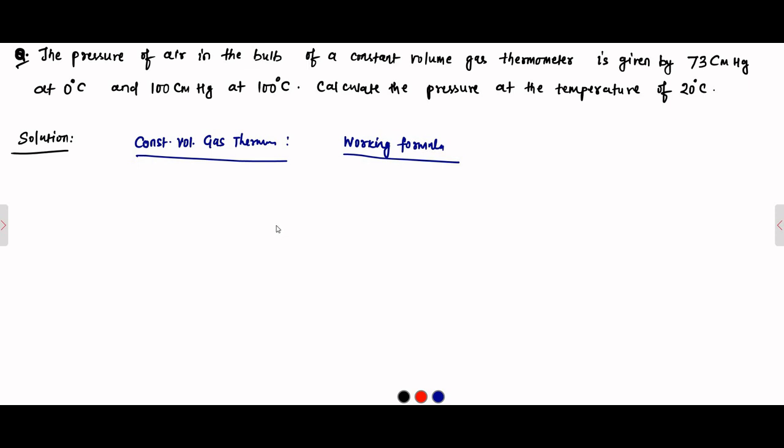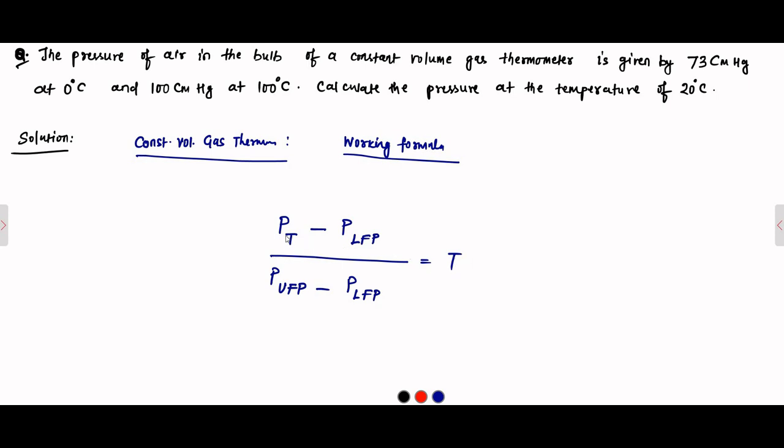Let's say we have the pressure at any particular temperature T. We take that pressure, minus the pressure at the lower fixed point, divided by the pressure at the upper fixed point minus the pressure at the lower fixed point. This gives us the particular temperature for that scale.